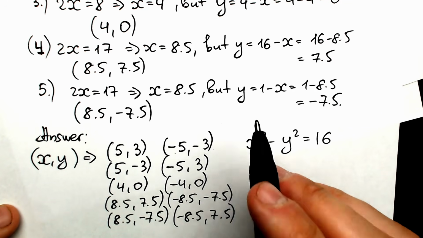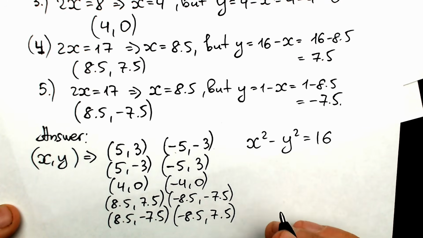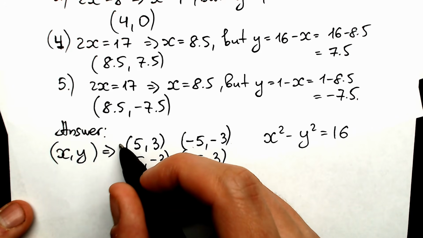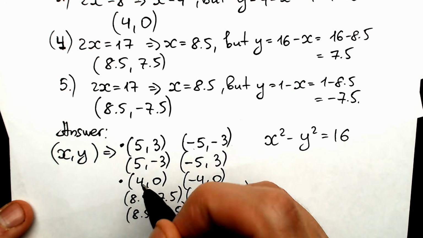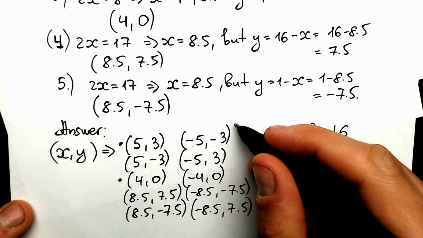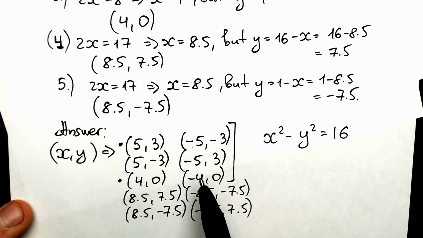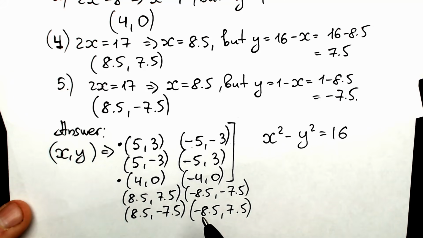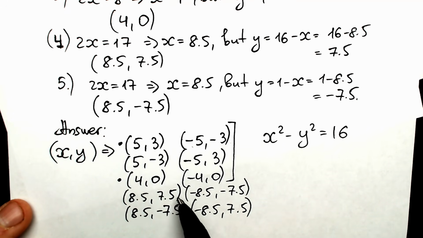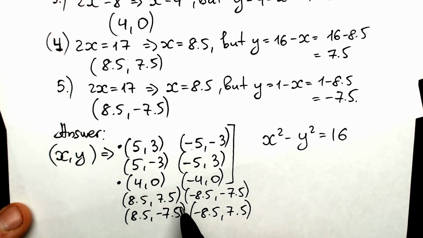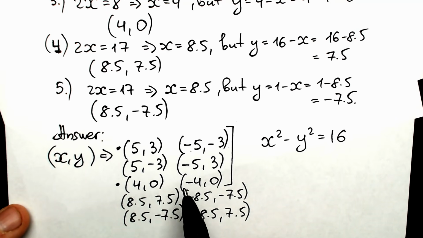So if you need to solve this question for positive values, you need to write these 5, 3, and 4, 0. If you need to solve the question for integers, you need to write these six parentheses, 6 cases. And if you need to solve this question in general, you need to underline this pair as well, because this is also a correct root for our question.